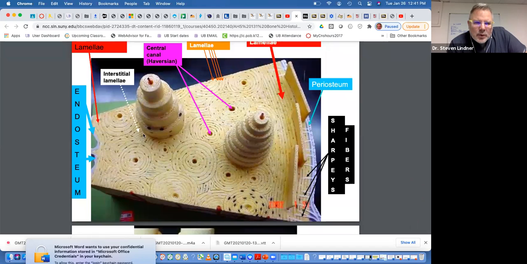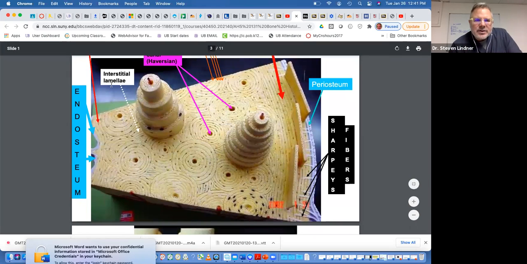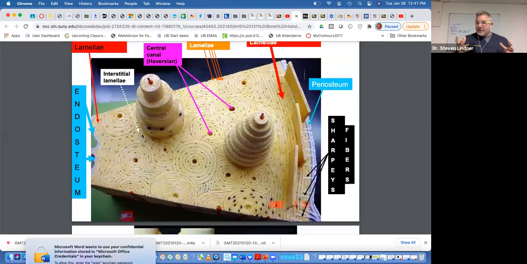These, again, that don't make those full circles and that are in between the osteons, they're called interstitial lamellae. They're interstitial. They're not concentric lamellae. Like interstitial fluid, if you have one cell and another cell, the liquid in the cell is the cytoplasm.